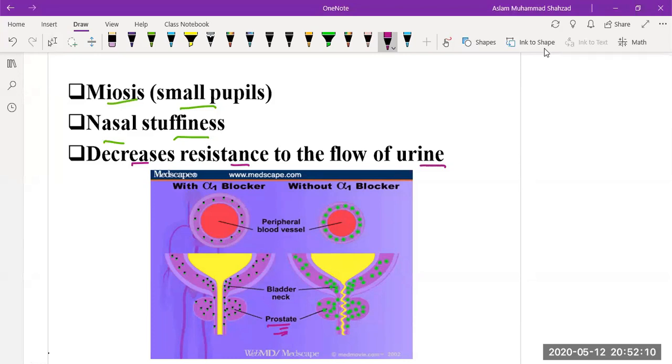What will happen is that drugs such as alpha blockers, mentioned here as alpha 1 blockers, are responsible for decreasing the peripheral blood vessel resistance. They will decrease the resistance, and then it helps the urine flow freely from the bladder neck. So that is very important. And why? Because of the alpha receptors that are present in the prostate.